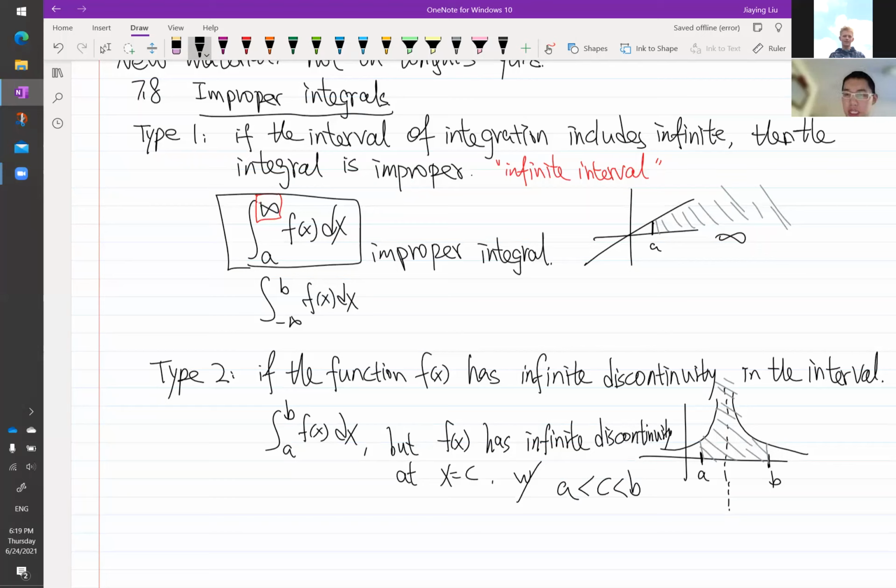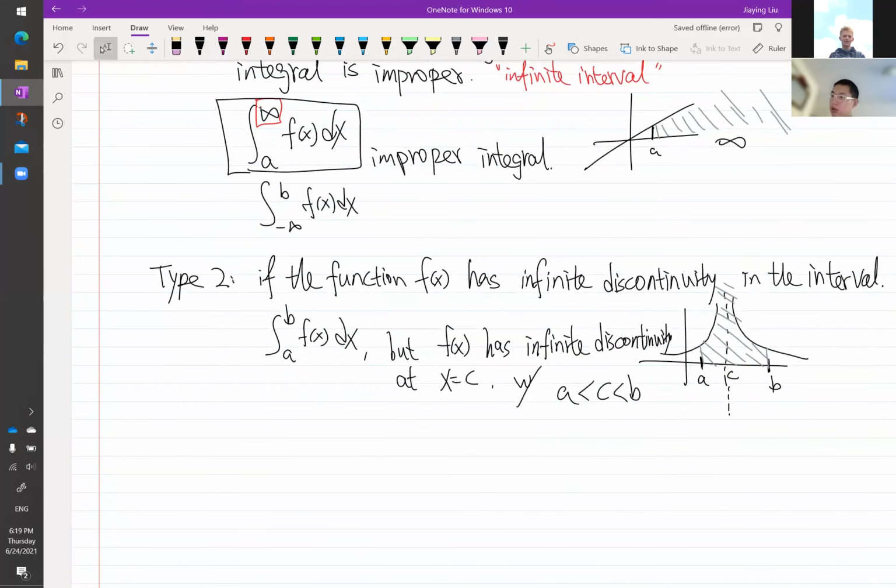So c is somewhere in the middle, and the function goes to infinity. So when you try to integrate it, it's a little bit difficult.